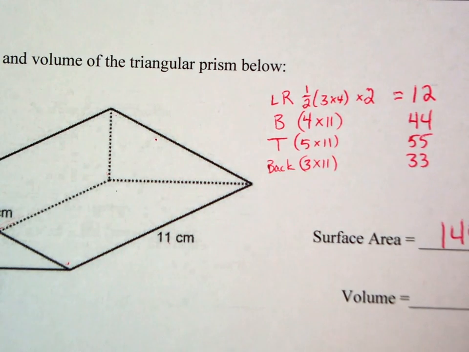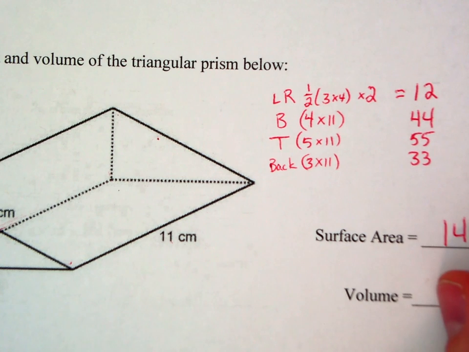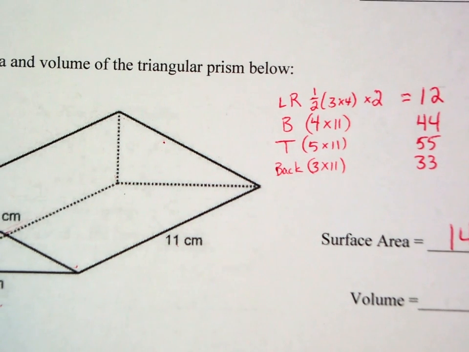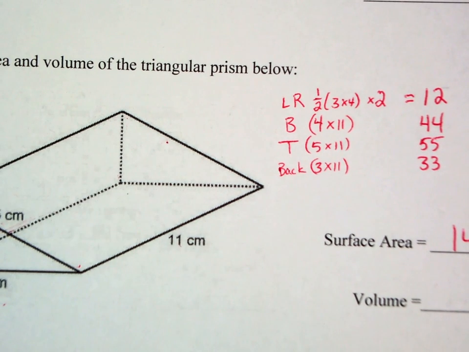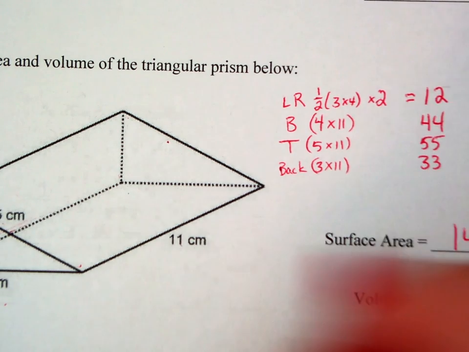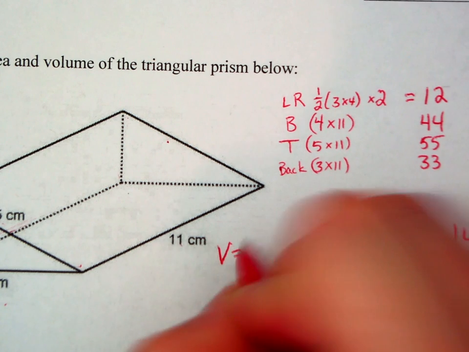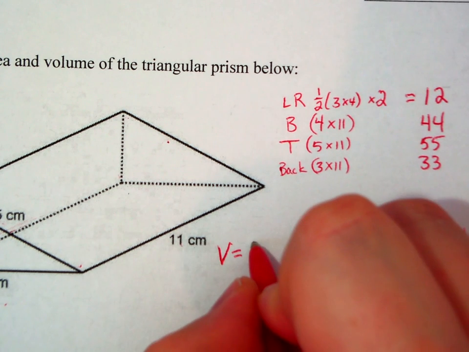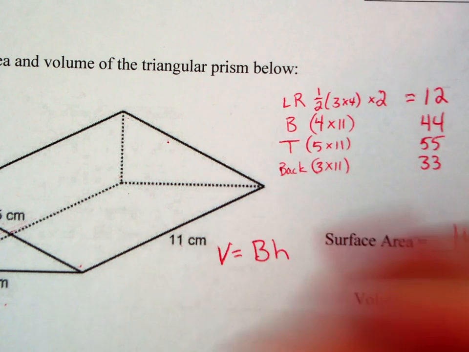Next we'll find volume. And again, this is where it's going to become a little bit more important. I can't just say length times width times height, because I've got a bunch of different numbers here, and I can't identify which one is the length, which is the width, and which is the height. So this is where we really use that formula for volume, V equals base times height.